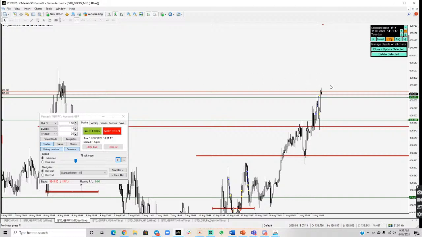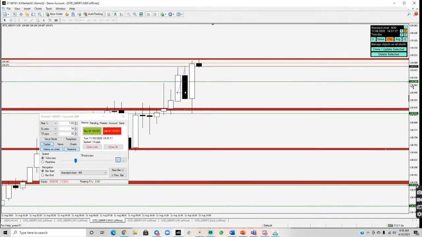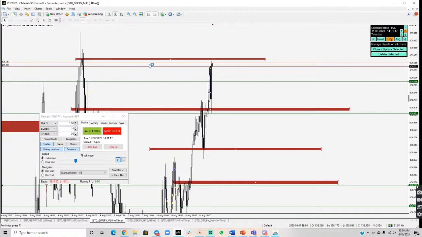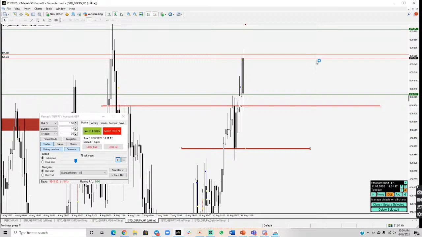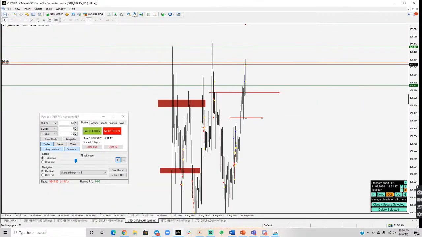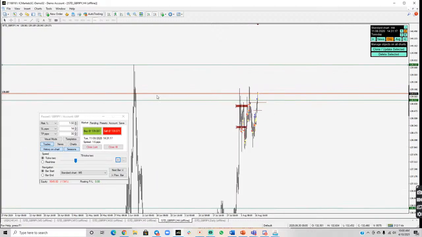But I think we can't take a buy because we have this level right here to the left. Really can't take a buy at this moment because we are below this resistance. Let's look at the 1 hour time frame. So let's look at the H4.